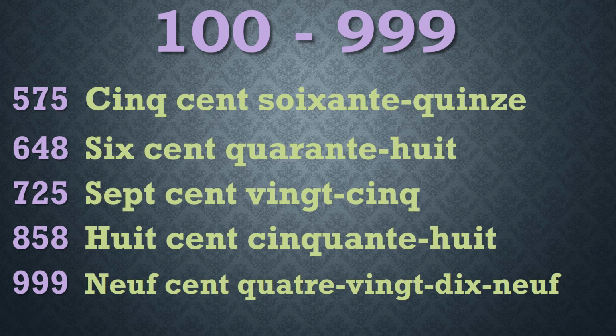But we do include our hyphens per usual for numbers below 100. 648 is six cent quarante-huit. Six cent, six hundred. Quarante, forty. Huit, eight. 725 is sept cent vingt-cinq. 858 is huit cent cinquante-huit. And 999 is neuf cent quatre-vingt-dix-neuf.